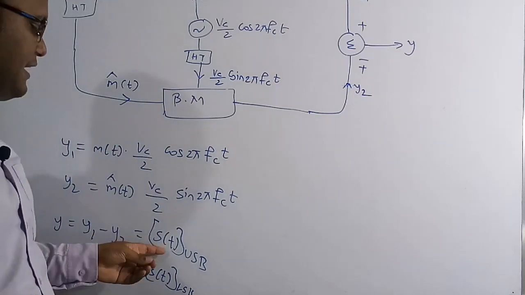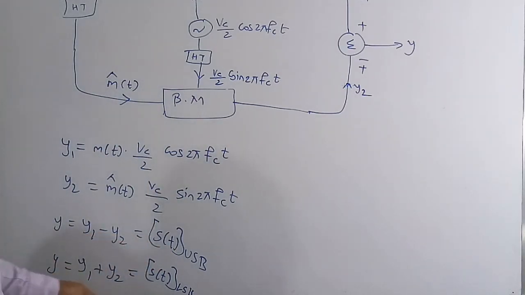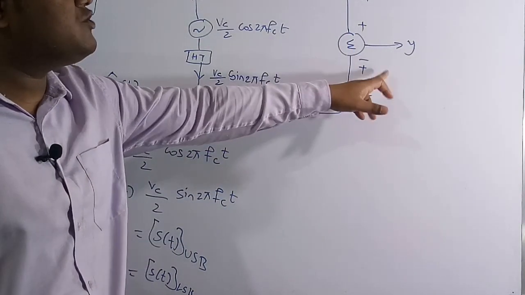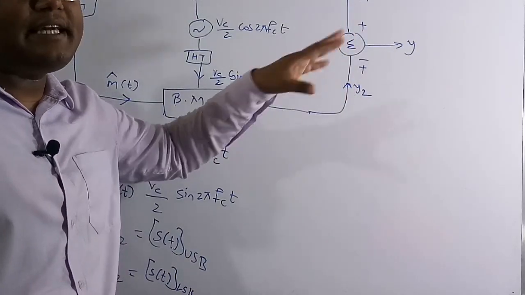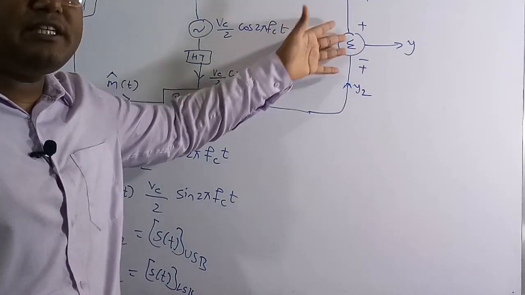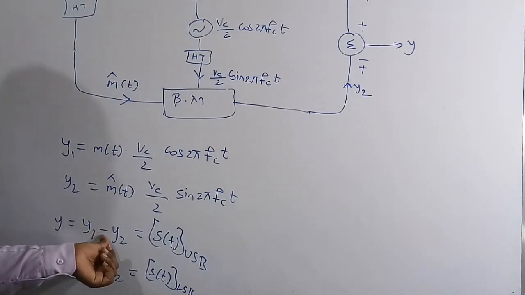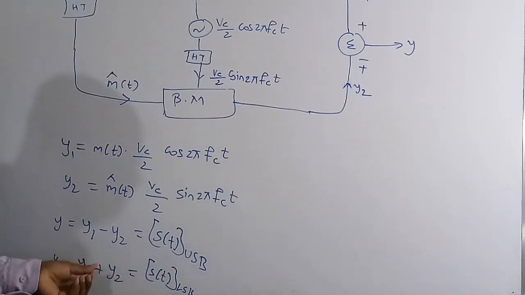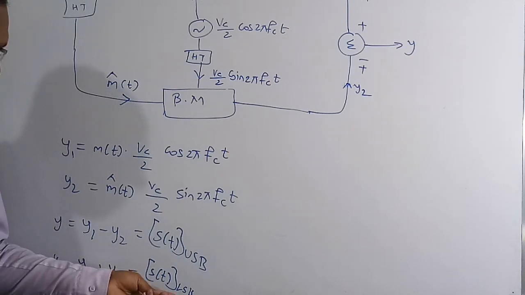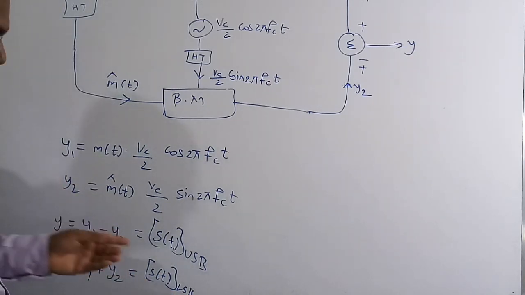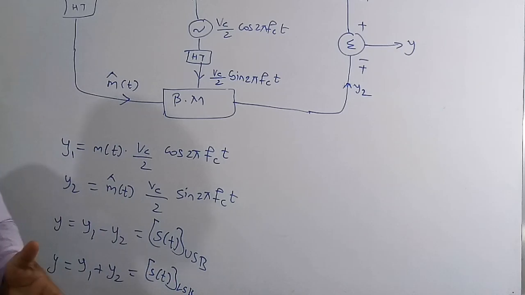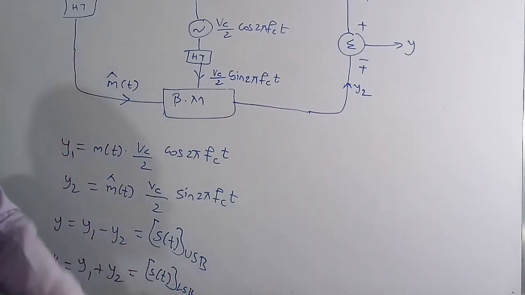Suppose we do the addition, plus plus, that is, y is equal to y1 plus y2. Then we are going to get the LSB. So if we take subtraction we get the USB, and if we take addition we get the LSB. So by this circuit we are going to get either the USB or the LSB, only a single sideband.